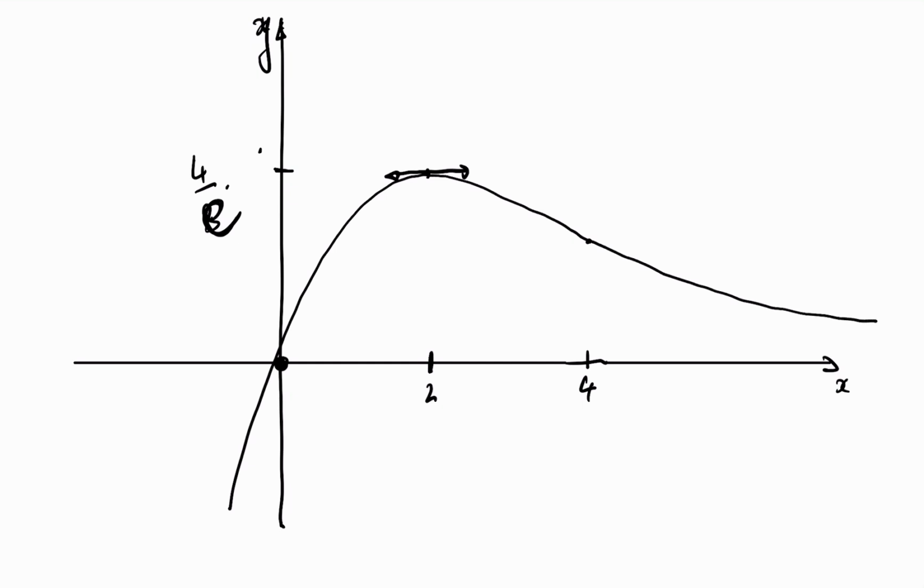There you go. And this is the inflection point, where basically we could get the values of the slope. From here, it's concave down, and from the inflection point it's concave up. That's what the graph looks like.